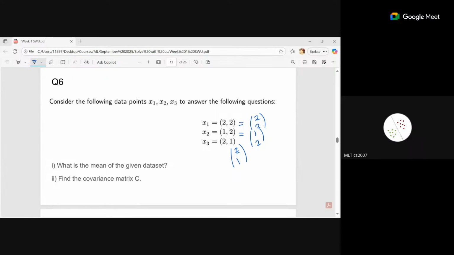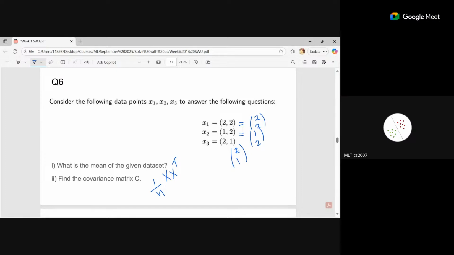Now coming to the second part, what is going to be the covariance matrix C? To find the covariance matrix C, you need to do 1 by n times X X transpose. X is going to be your centered data set.